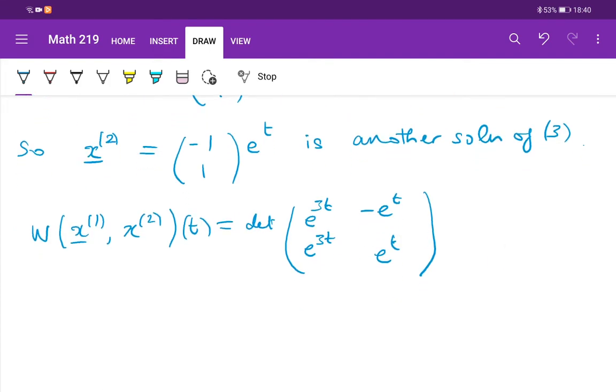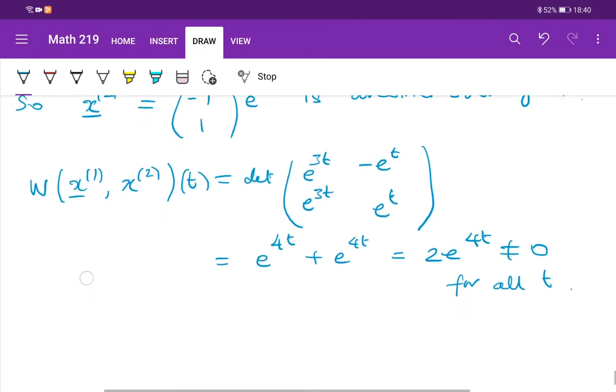And if you check the determinant of that, here we get e to the 4t plus e to the 4t, so you get 2e to the 4t. And that is never 0 for any t. Non-zero for all t. So in particular, x1 and x2 are linearly independent.